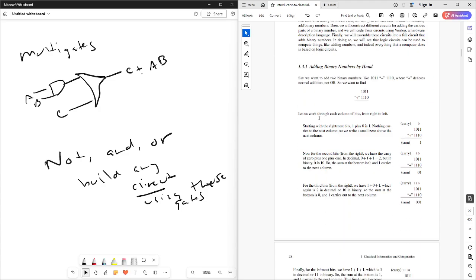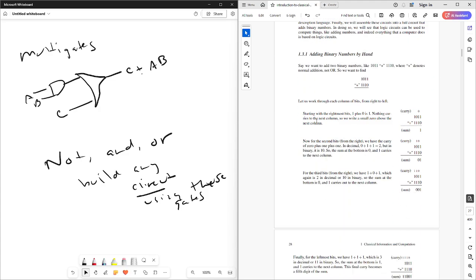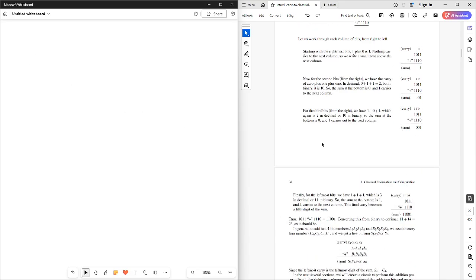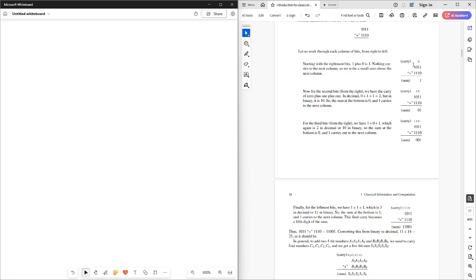Okay, so the adders. I'd never seen this before, so it was useful for me to come in here and take a look at how a classical adder works. The carry and the sum were concepts that were new to me. So 1 plus 0 is 1, and 1 plus 1 is 0, and we carry the 1 over.